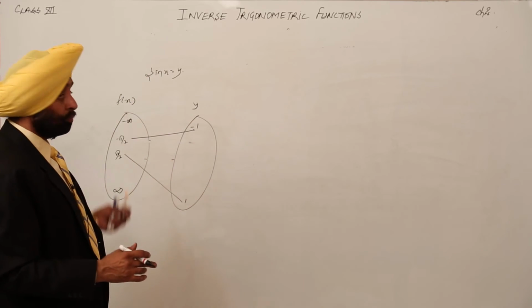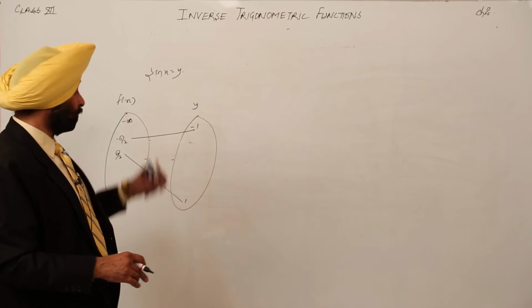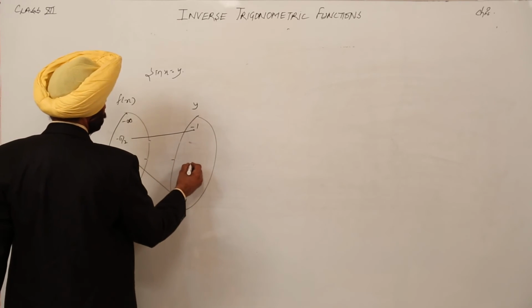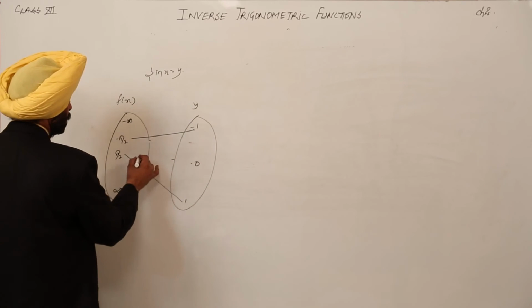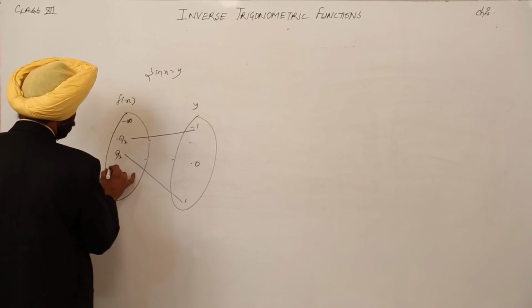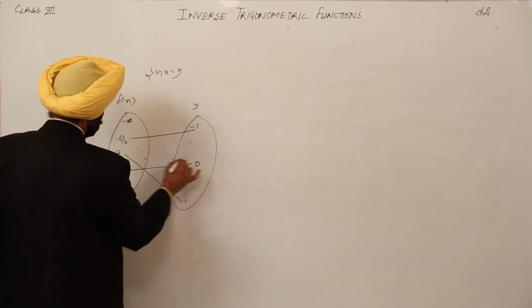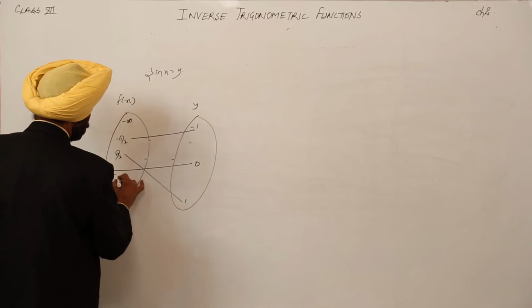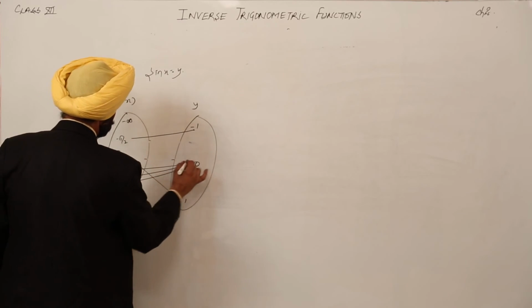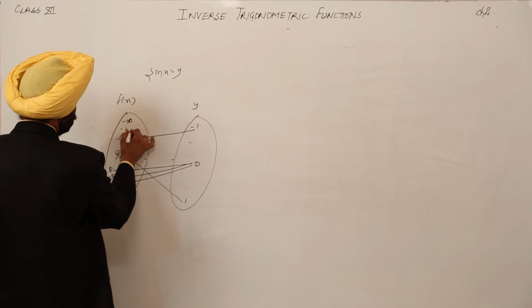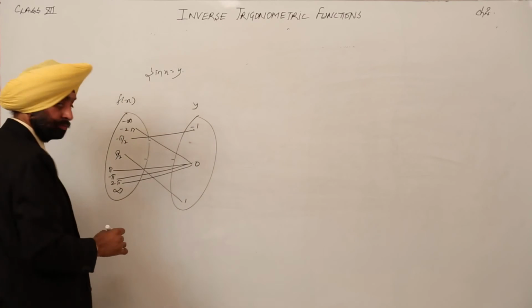Pi, 2 pi, 3 pi, 4 pi. Now here it is 0, this is 0. Now suppose we are having here pi 0, minus pi 0, 2 pi 0, minus 2 pi 0.